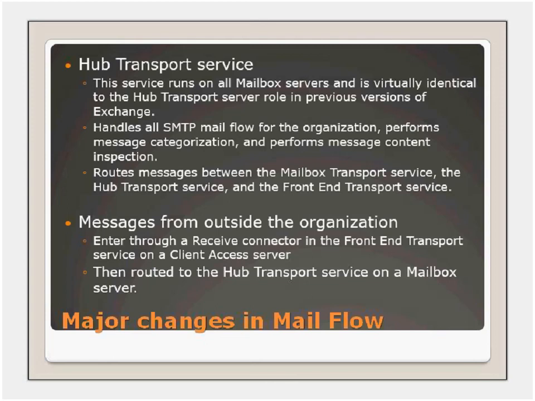It does categorization, it does inspection of the content and everything. So this is what carries those tasks, say rules and everything applies here. And this is actually doing only one part. It just routes the mail between the mailbox transport service and the front-end transport service that is running on the client access server role, and this does queuing.